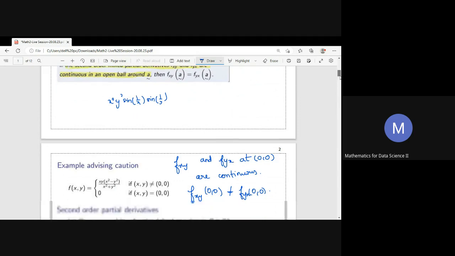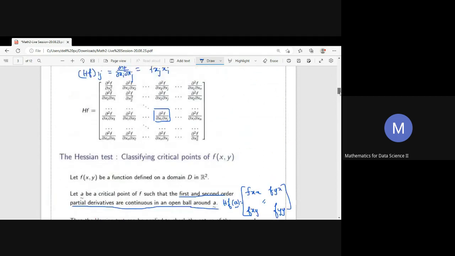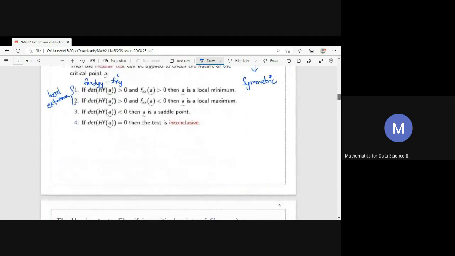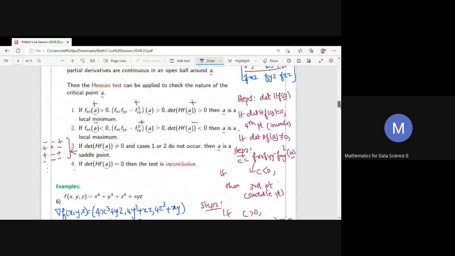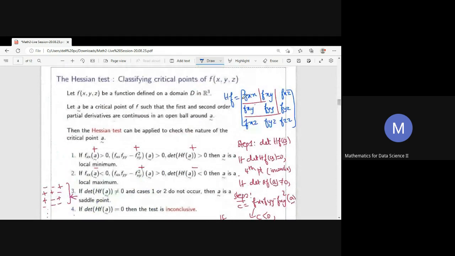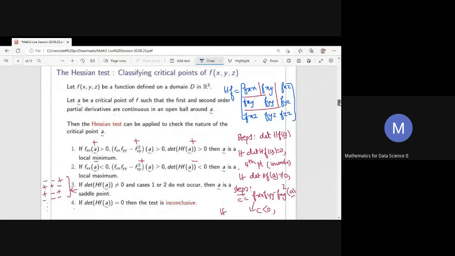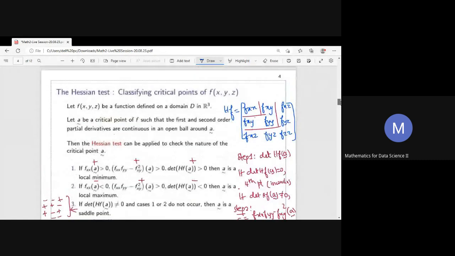Some of you were asking about the details of this technique. The good reference I found is the Khan Academy videos on this Hessian test. Please look at that. They have given some explanations for this Hessian test. I guess most of you are familiar with the Khan Academy videos.